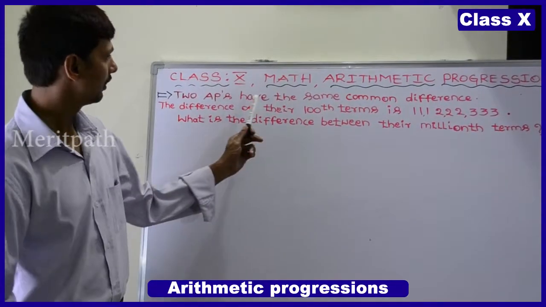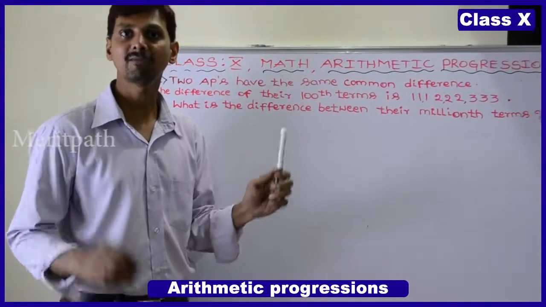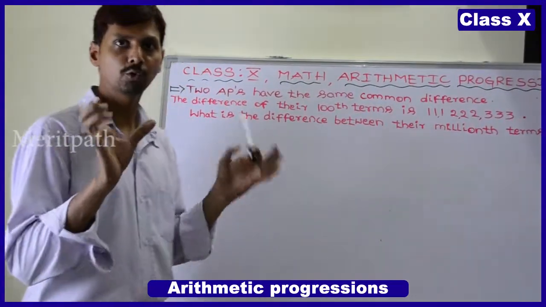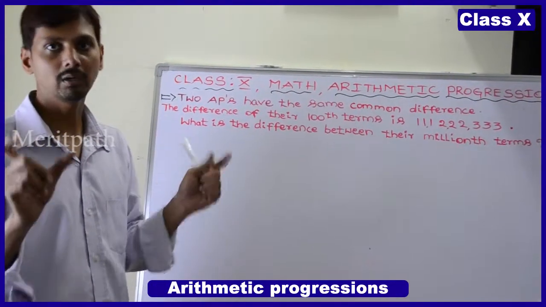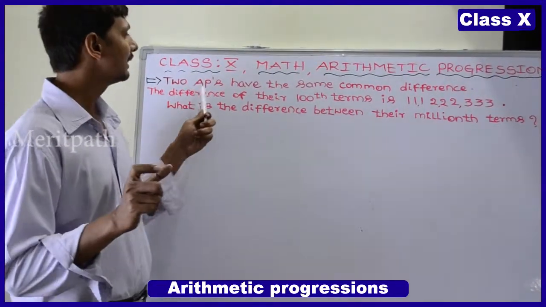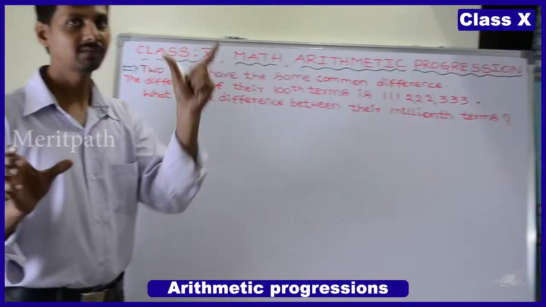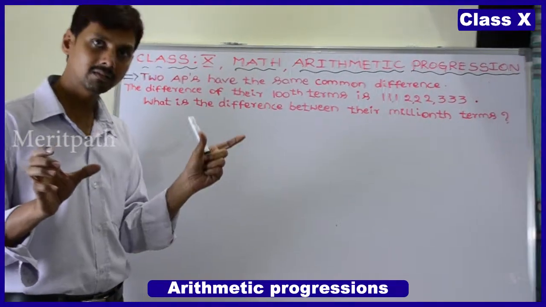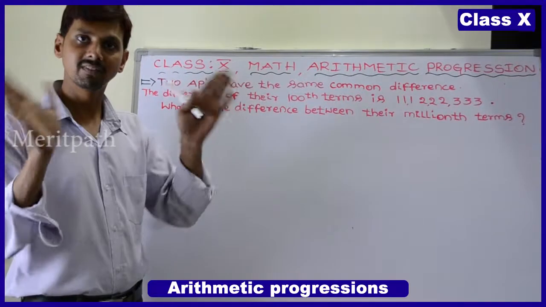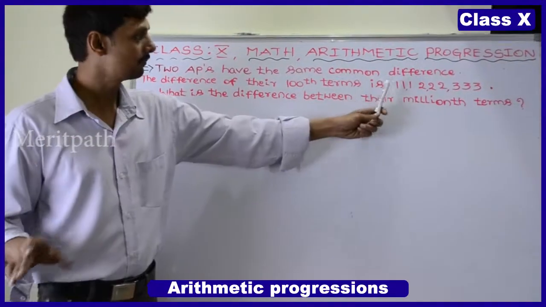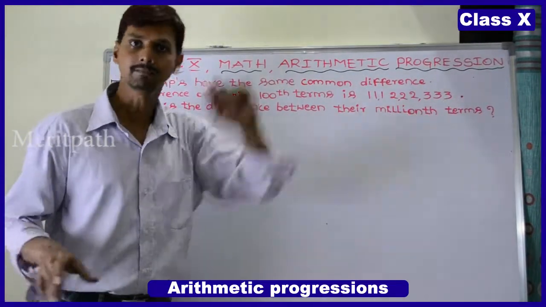We'll recall APs. Two APs have the same common difference. I have taken two arithmetic progressions. The difference of the 100th term of the first AP and the 100th term of the second AP is 11 crore 12 lakh 22,333.